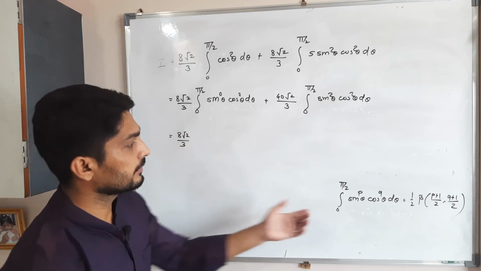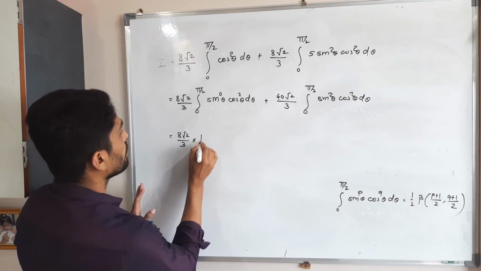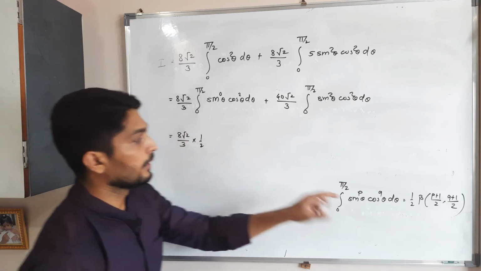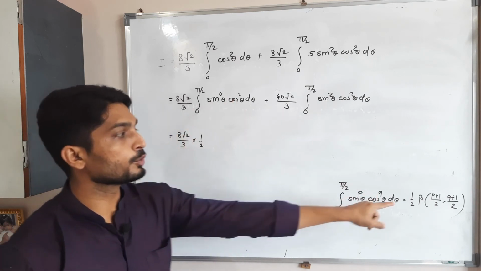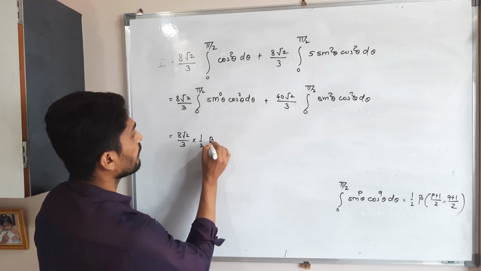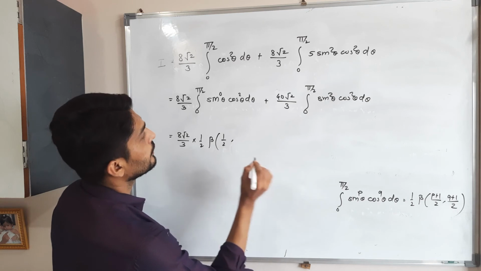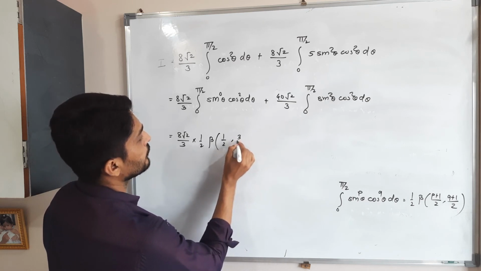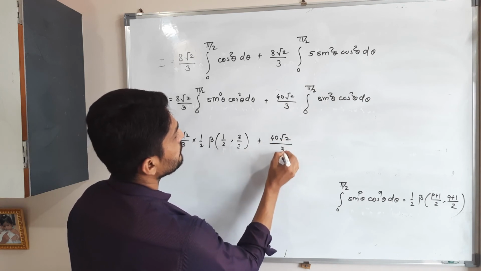Now we are ready to use this formula. For the first integral, the value of p is 0 and the value of q is 2. So let us put the values. Beta of 0 plus 1, that means 1 by 2, q is 2, so 2 plus 1, 3 by 2. Correct? Plus 40 root 2 by 3.